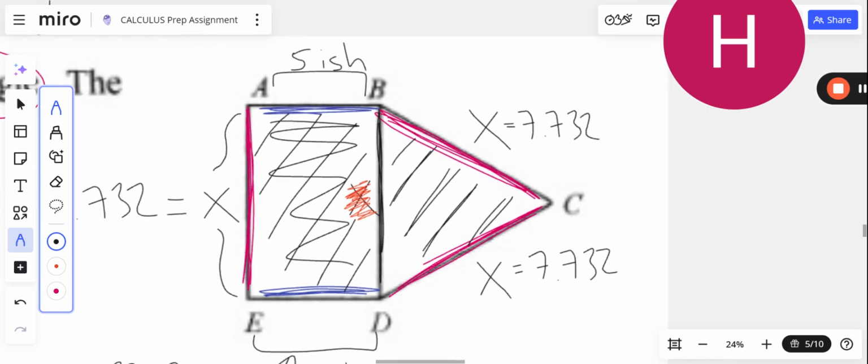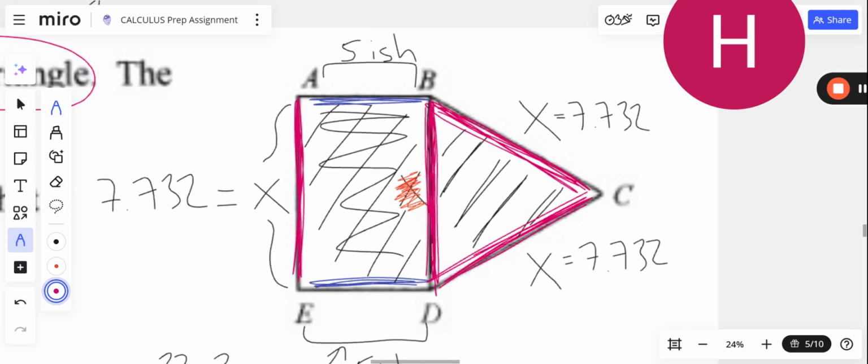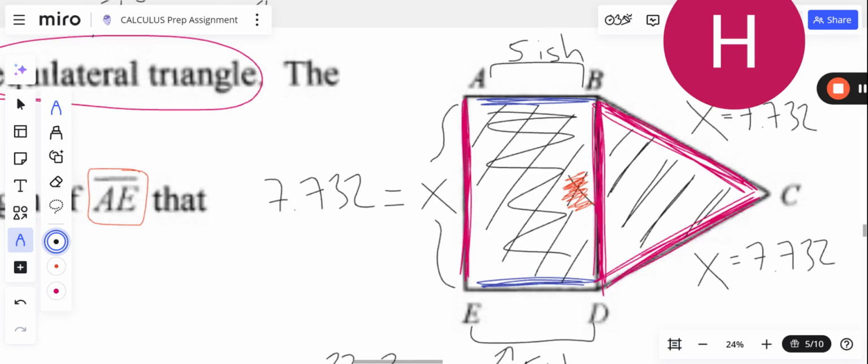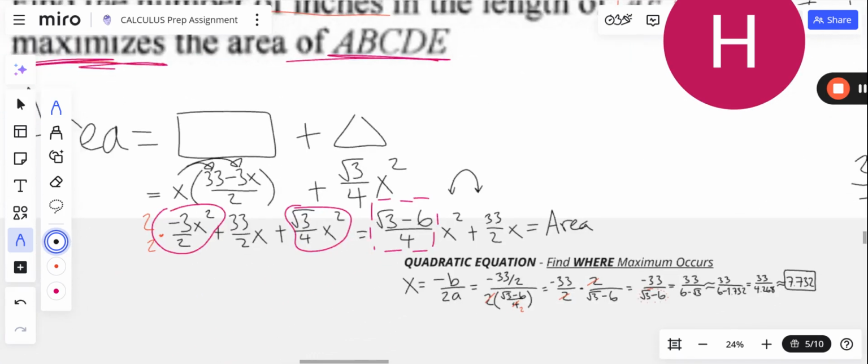However, you also need to realize that because this is an equilateral triangle, its side length here, which we can call x on all the side lengths, is the same for this side as this other side because it's a rectangle, taking into consideration our limitation on the overall perimeter of 33 inches. That allows us to solve our problem.